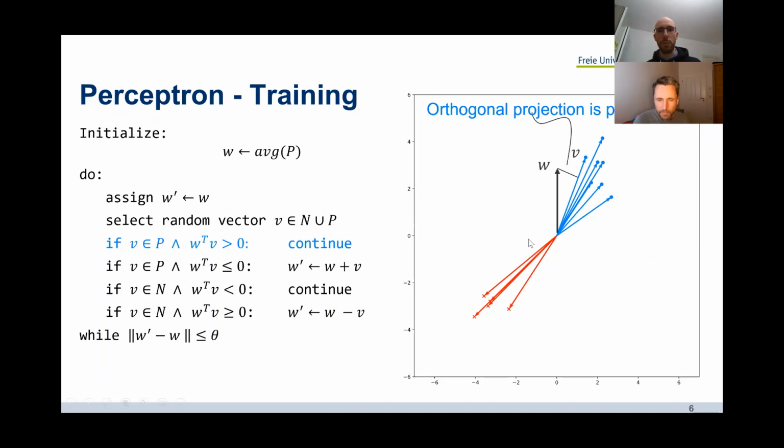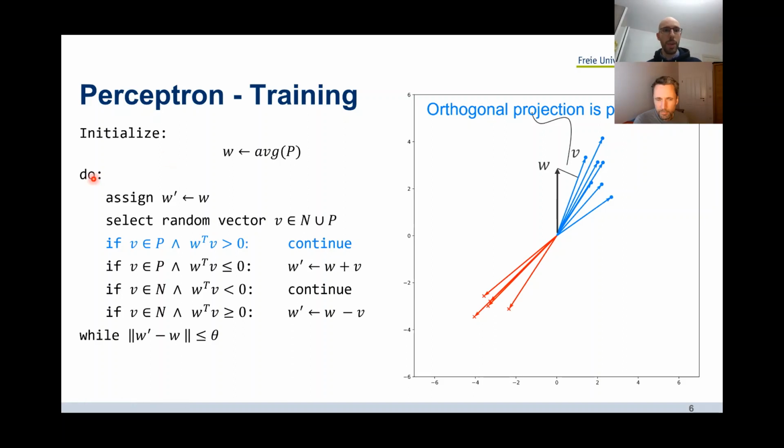So what we do is we set the W initially to the average of all these positive data points, and then we can expect our W to have a similar orientation in space as all those positive vectors.